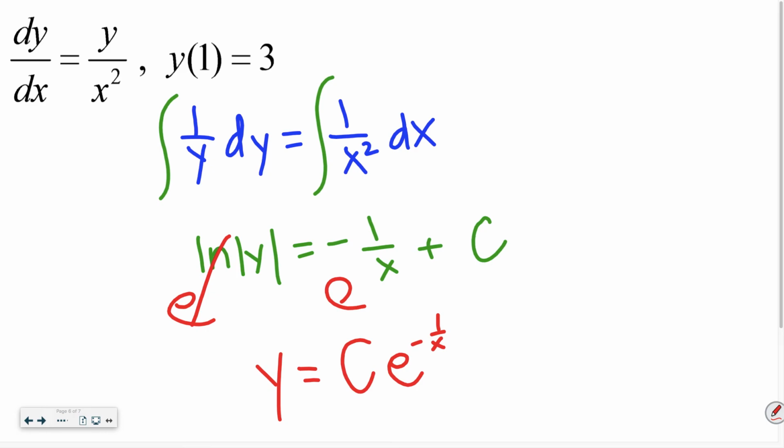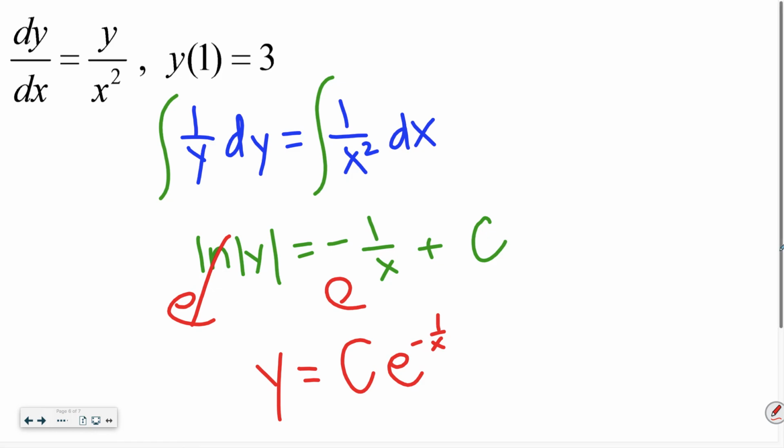E to the negative x to the negative 1. Like I wrote it as 1 over x. Maybe you wrote it as x to the negative first. You have to have the c out here, yes. No, do it as you do the other side. Yes. Because if you do something to the left side, you have to do it to the right side to keep it balanced.